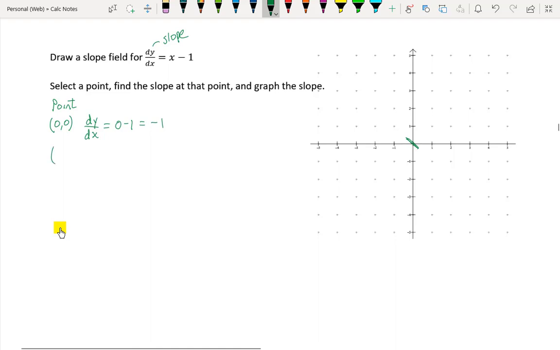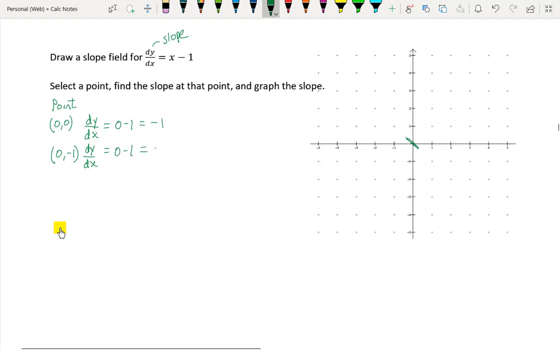So then I'm just going to move down a little bit, 0, -1. Okay. So again, plugging in for dy/dx, and again, we're not plugging anything in for dy or dx. So this would be dy/dx again, and again plugging in the value of x only, because there's no y on the right side. We would get 0 minus 1 again.